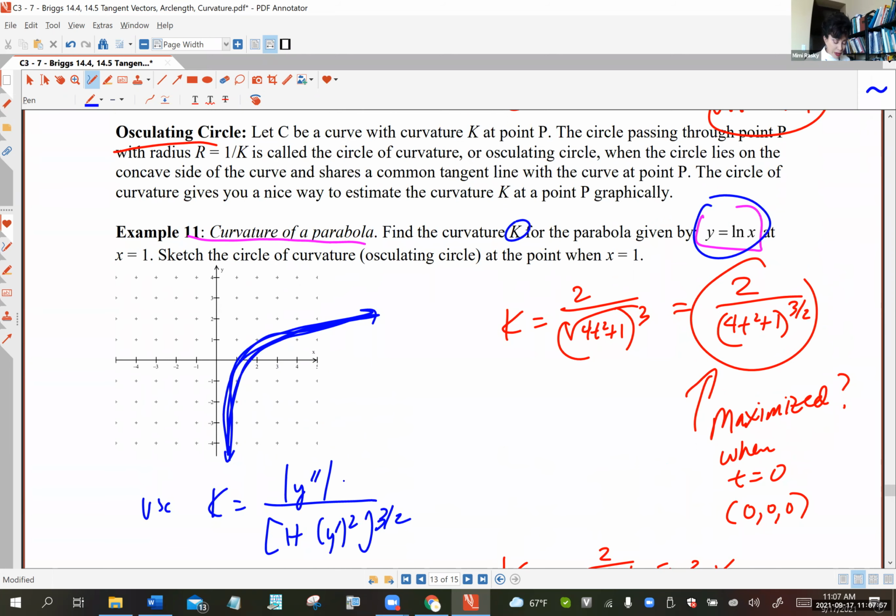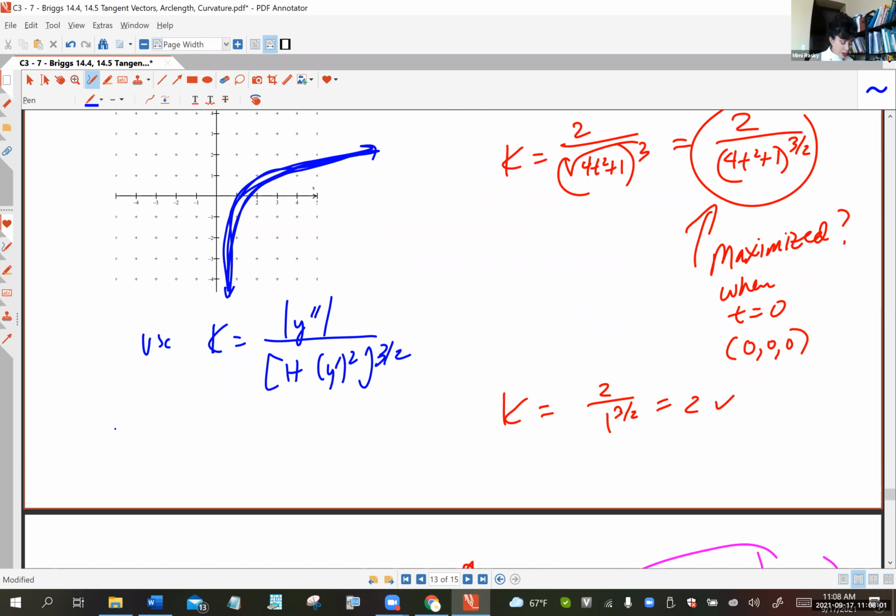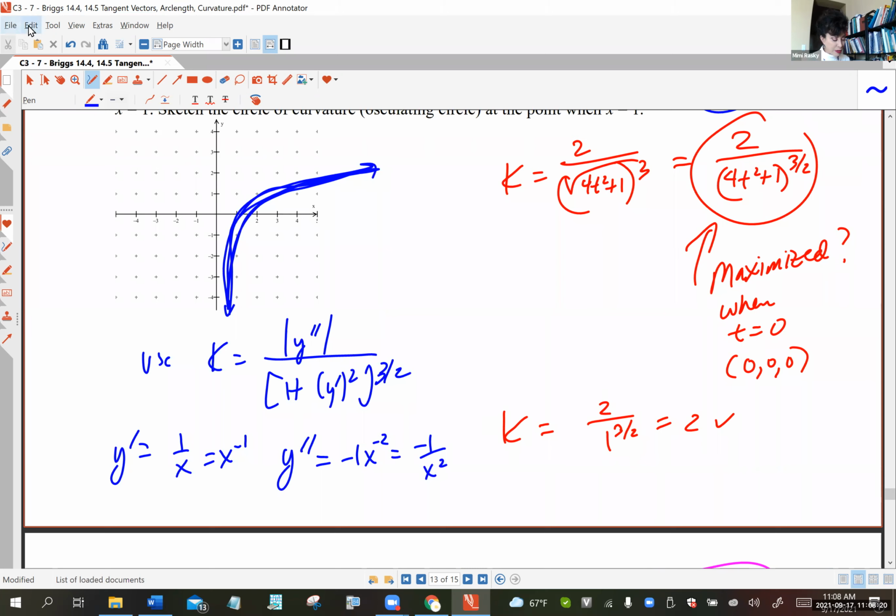Well, we're going to need y prime and y double prime to substitute into this formula. Okay. So y prime, the derivative of ln of x is 1 over x, which you can also write as x to the negative 1, which I like to do before I take the next derivative. So y double prime is negative 1 x to the negative 2 using the power rule, which I'll rewrite with positive exponents, negative 1 divided by x squared.